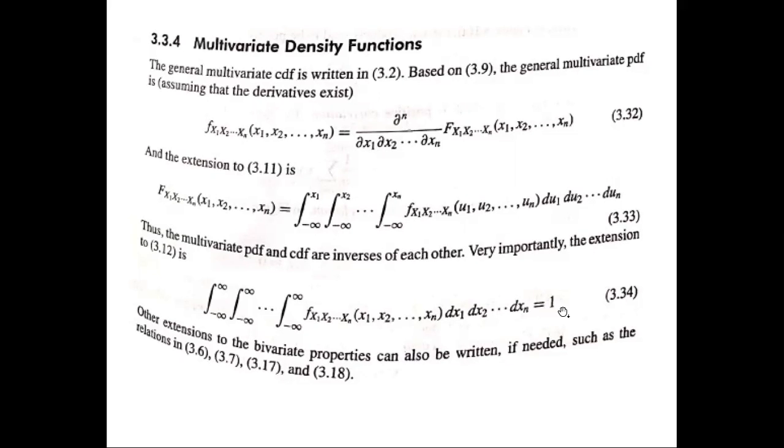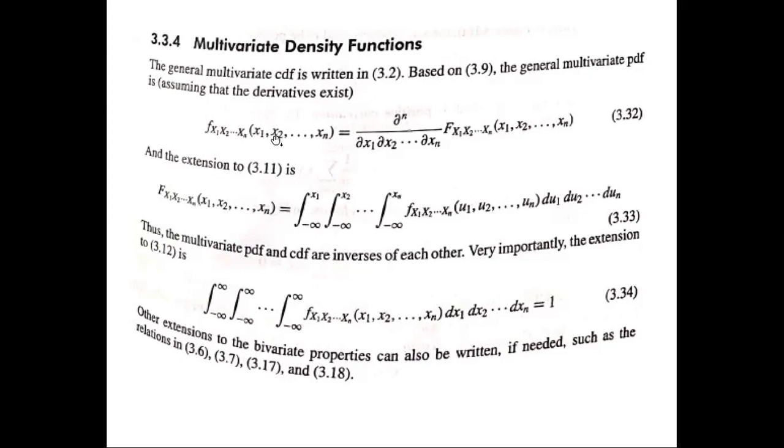If you are taking only one variable, the integral from minus infinity to infinity of f_X(x) will be equal to 1. Now with many variables, we have multiple integrals, each with limits minus infinity to plus infinity, of the multivariate PDF, and this will be equal to 1. This condition of 1 should be satisfied.